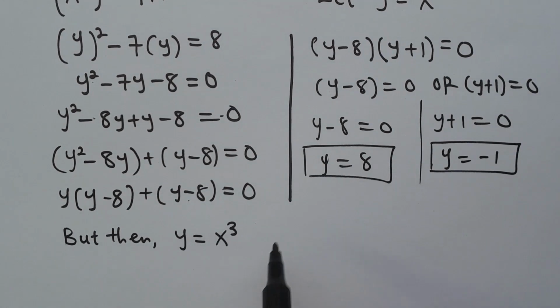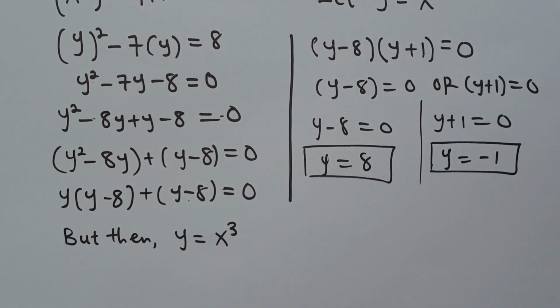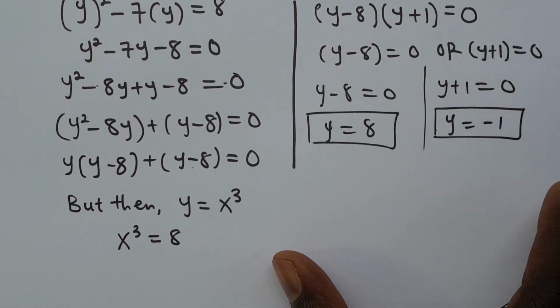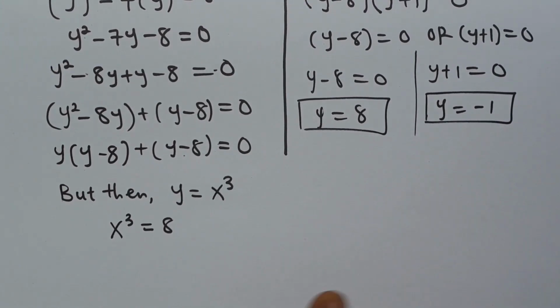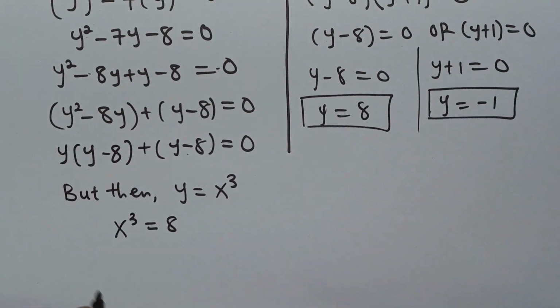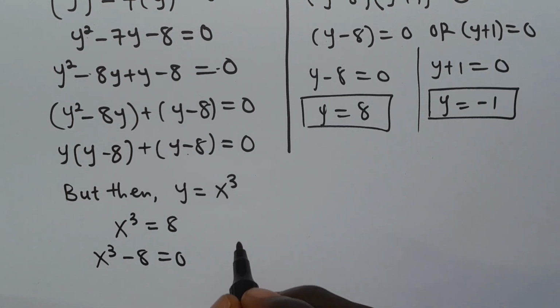When y equals 8, we have x cubed equals 8. Now from here, 8 can be simplified to be equal to 2 raised to power 3. We have x cubed minus 8 equals 0.